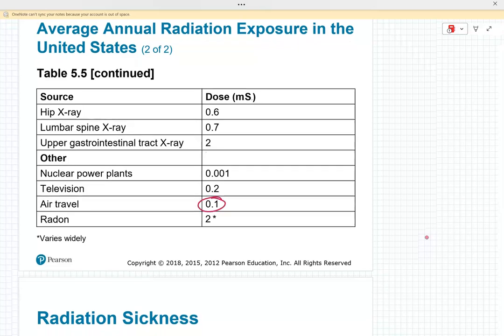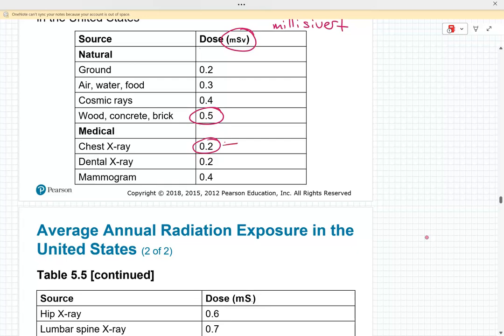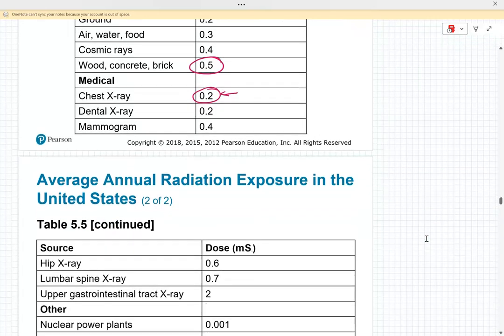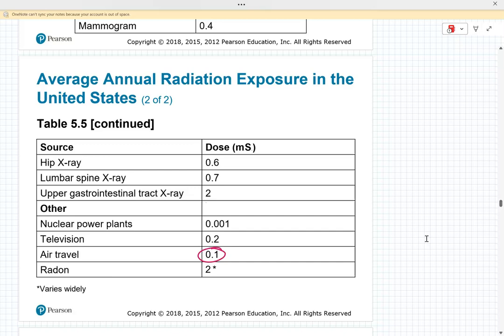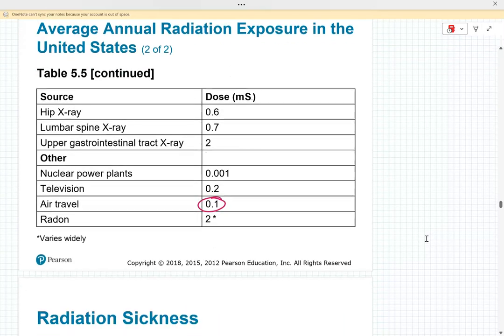Air travel, 0.1. X-ray, 0.2. That makes sense. So, you can worry, unless you receive an enormous number of X-rays throughout the year, or you fly 2-3 times a week, long distances, this may skew the results, but overall, it's all pretty safe.